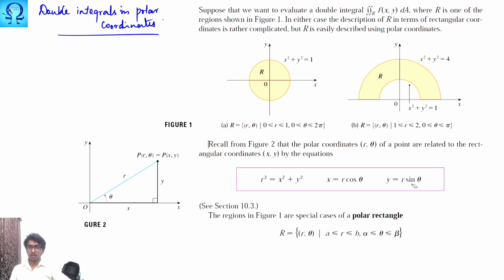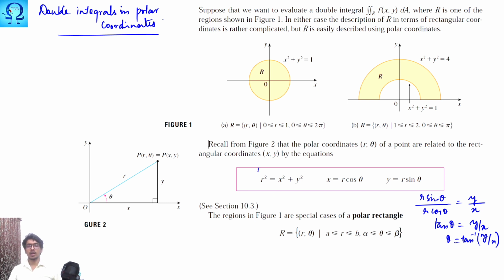So from these two things, if you want to get what your theta is, you can make use of r sin theta upon r cos theta, which is simply y upon x. So tan theta is y upon x, and this shall be written as theta equals tan inverse of y upon x.